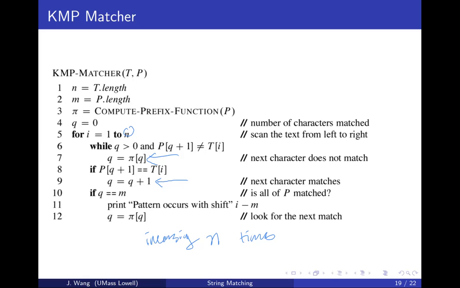So for the partial matched string, if the next one is not matched, then you calculate the prefix of the partial matched string which is also a prefix of P, that is a suffix. That is the location. So the whole suffix would be where you put your new pattern. You move your pattern to that substring, the suffix part.